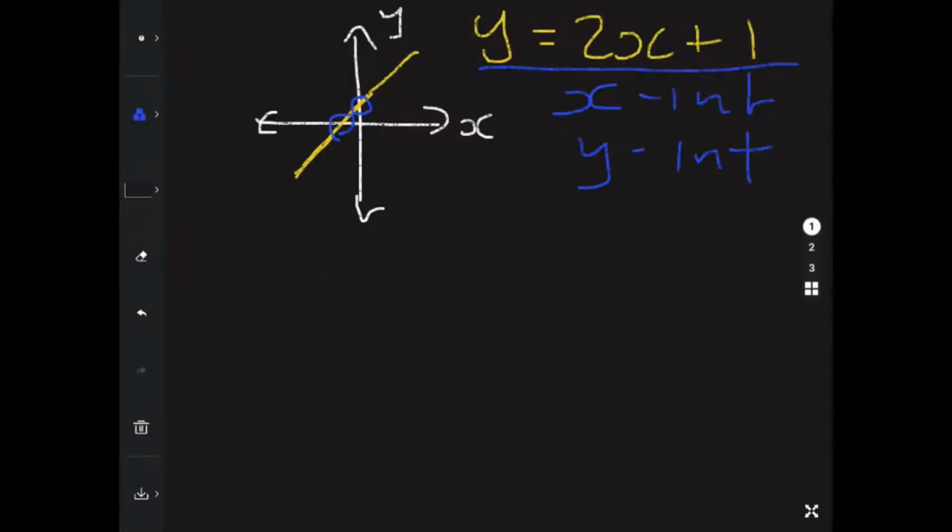What we can do to find our y-intercept, we let x equal 0.